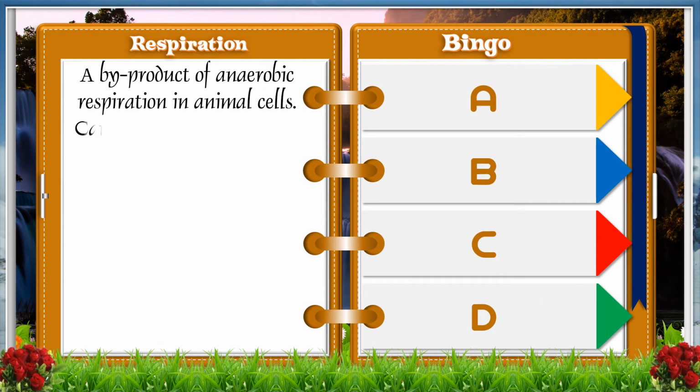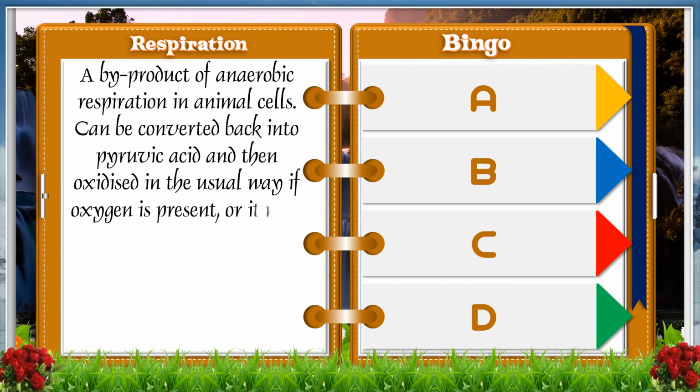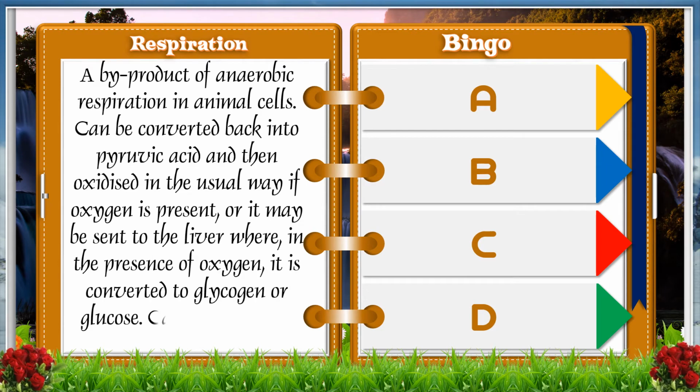A byproduct of anaerobic respiration in animal cells can be converted back into pyruvic acid and then oxidized in the usual way if oxygen is present, or it may be taken to the liver where, in the presence of oxygen, it is converted to glycogen or glucose.